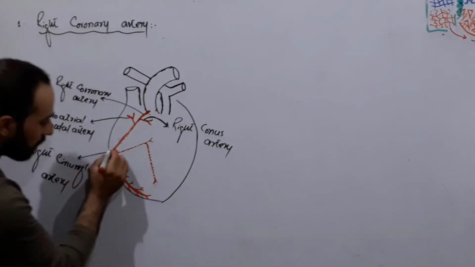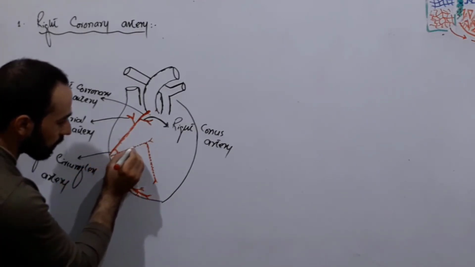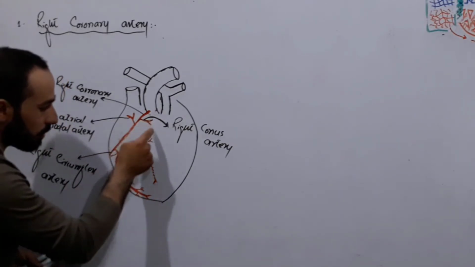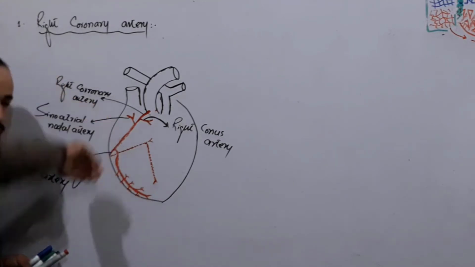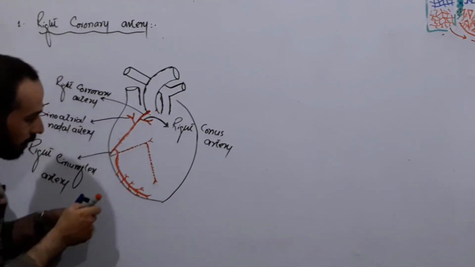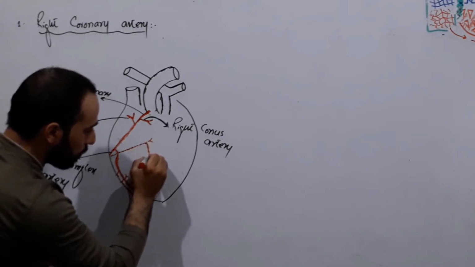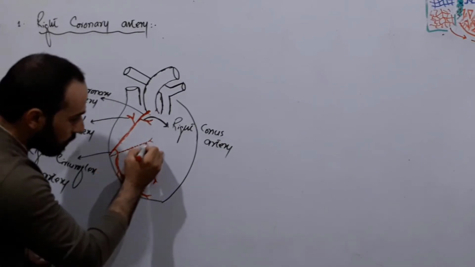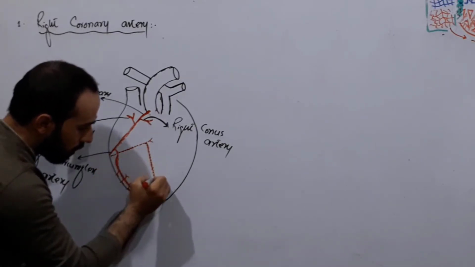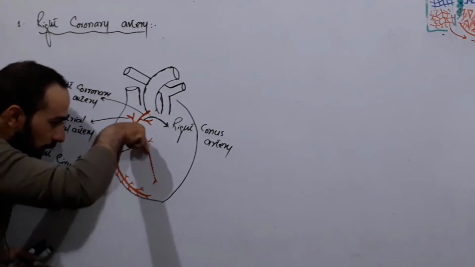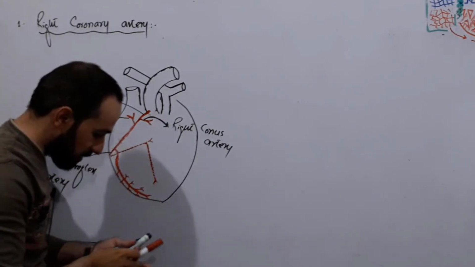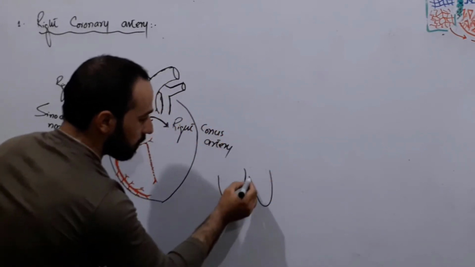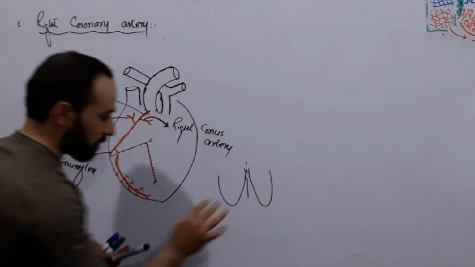Look carefully. The right circumflex artery moves on the posterior side also and supplies the atrioventricular septum from the posterior side. From this central point, this posterior artery gives a branch and it comes down in the interventricular septum. If these are the two ventricles, this septum is the interventricular septum.